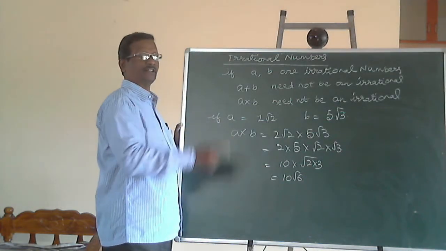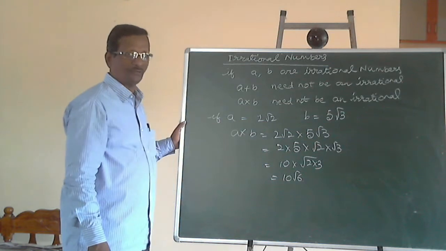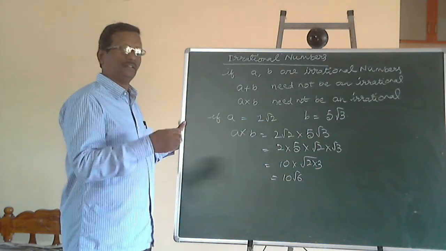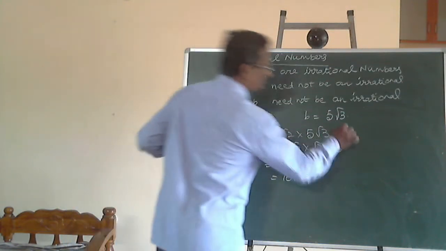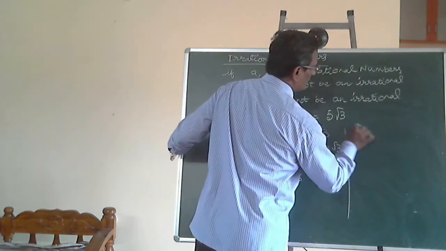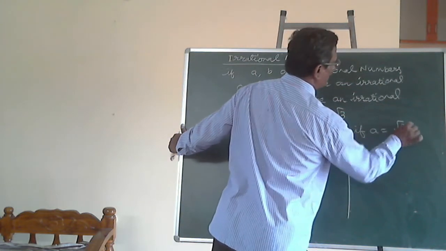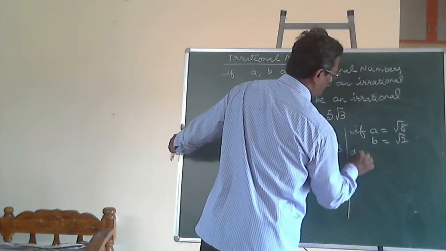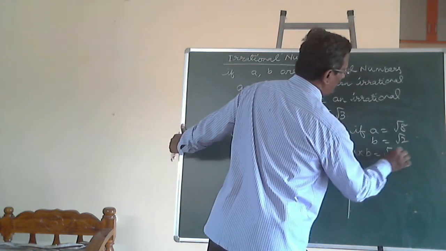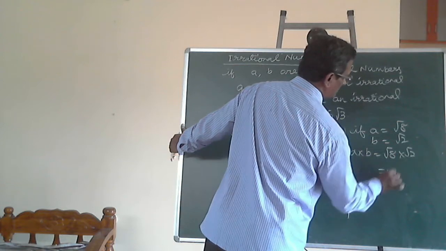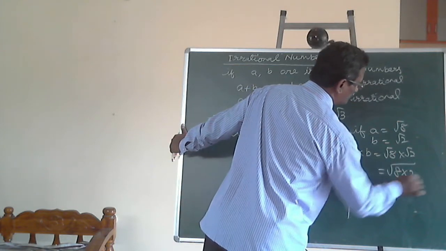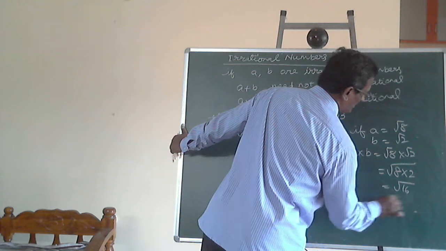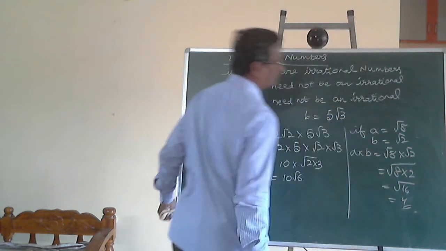Let us take another example where the product of two irrationals is a rational. If a is equal to root 8 and b is equal to root 2, a into b is equal to root 8 into root 2, this is root 8 into 2, this is root 16 is equal to 4.